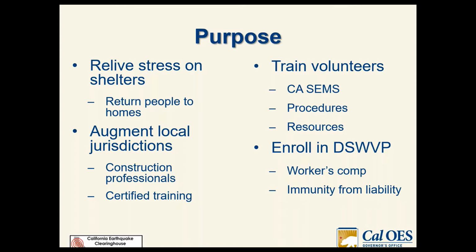Additionally, we offer a brief high-level overview of some of the resources that are available for these evaluators to be able to assess the structures. The main one that we go over is the Applied Technology Council ATC-20 booklet.